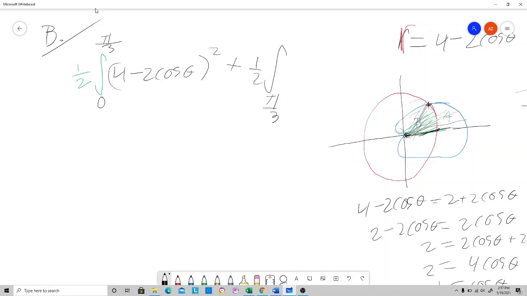So if I do trace on my graphing calculator, double checking with my graphing calculator, I see that it should be from pi over 3 to pi, because we want this whole area, and that would just be of the inside function, so it would be 2 plus 2 cosine theta squared.